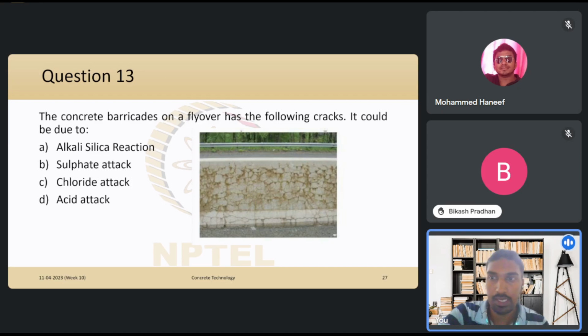We have one more for A, alkali silica reaction, and one for B, acid attack.